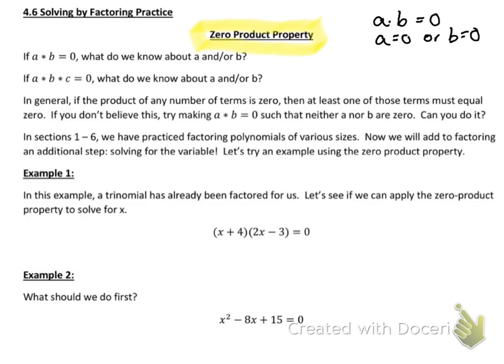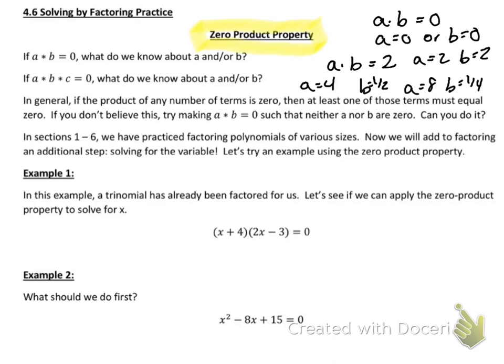So let's think about a different problem. What if I told you that a times b is equal to 2? Does it necessarily follow that either a equals 2 or b equals 2? Absolutely not. For example, a could be 4 and b could be 1/2. a could be 8 and then b would be 1/4.